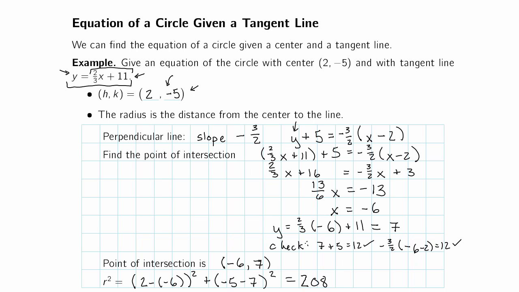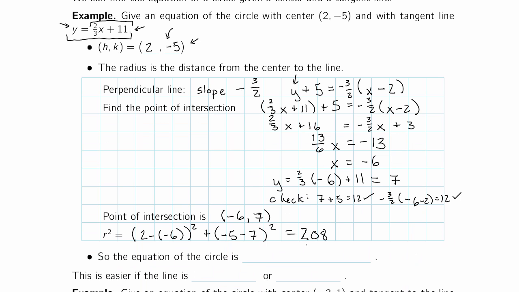The radius squared of our circle is 208, which means the equation of our circle is (x minus h, which is 2) squared plus (y minus k, which is -5, so minus -5 is +5), (y plus 5) squared, equals 208. And that's the equation of our circle.